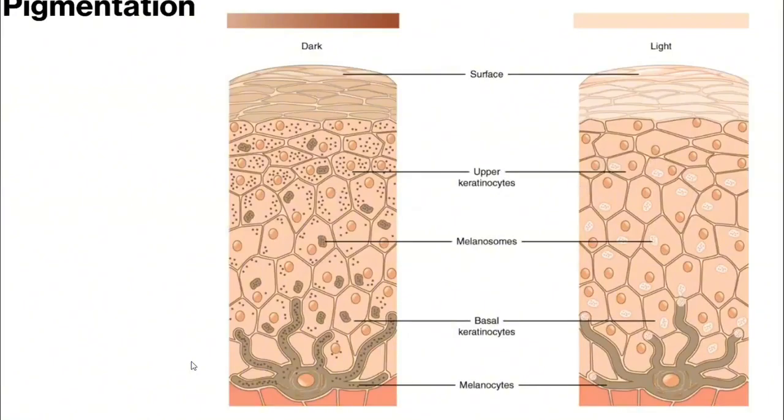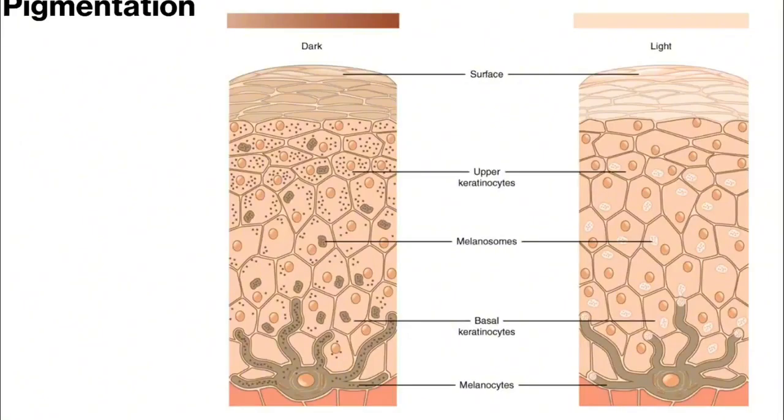Then we have skin color. So you should know that skin color is the result of the production of melanin by the melanocytes, which are found in the stratum basale. And if you were in lecture when I talked about this, it's not the number of melanocytes that determines skin color. All of us have about the same number of melanocytes.